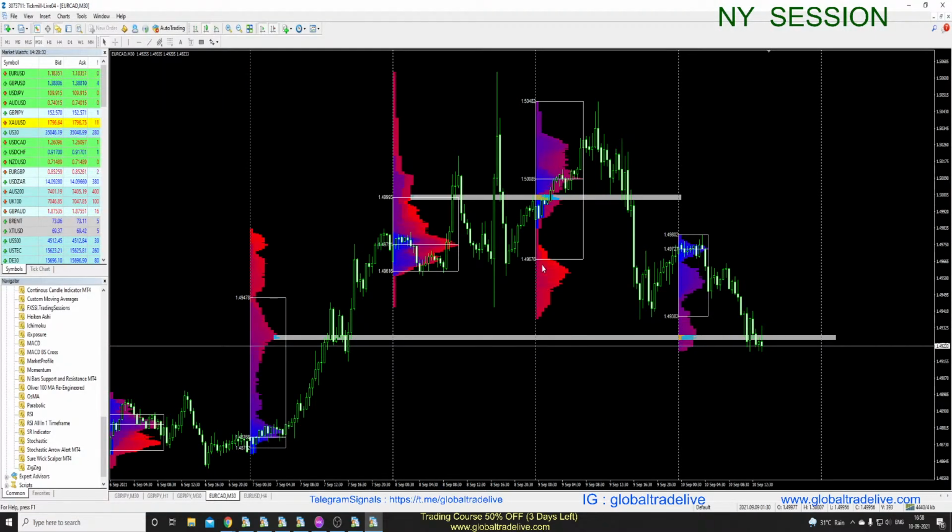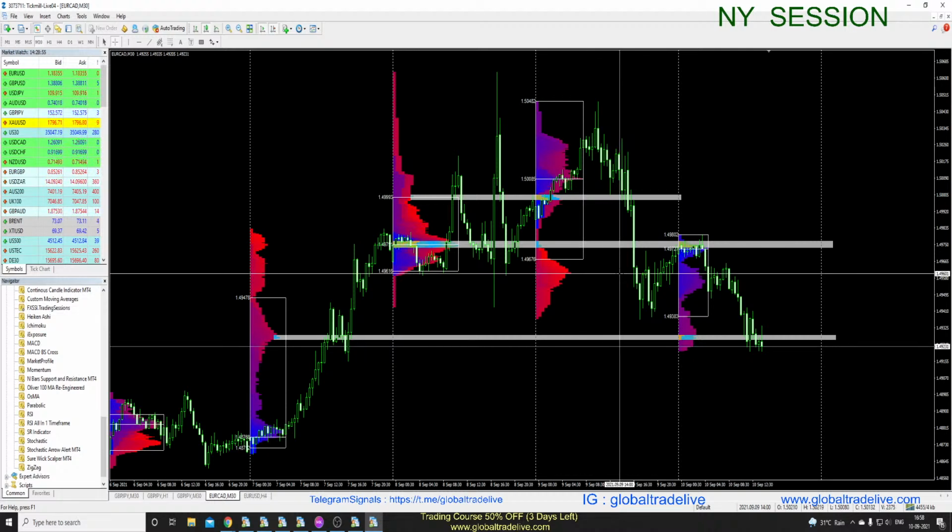So what's happening here is EuroCAD started here, right? So there is a point of control at this point. The market went up, rejected this area coming from the left, and went all the way down, right? When it was coming all the way down, there was this area also. The market also rejected this area and went again all the way down.